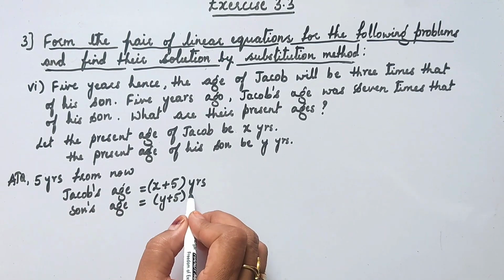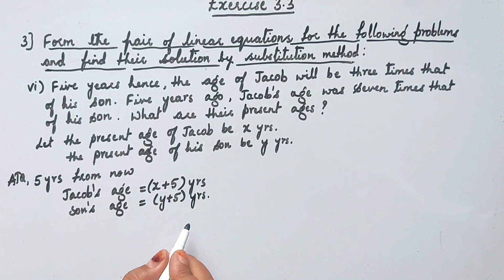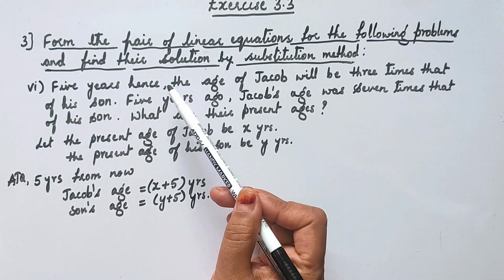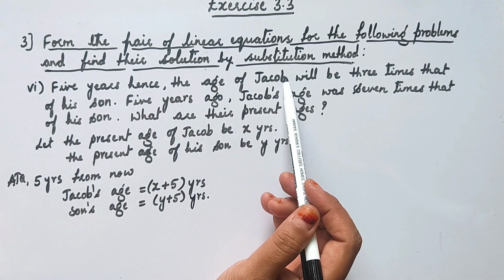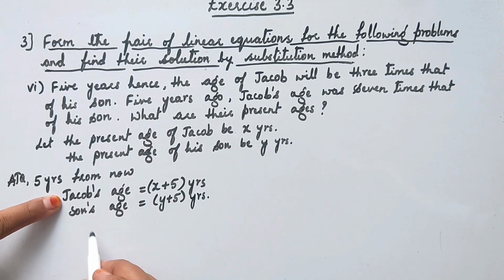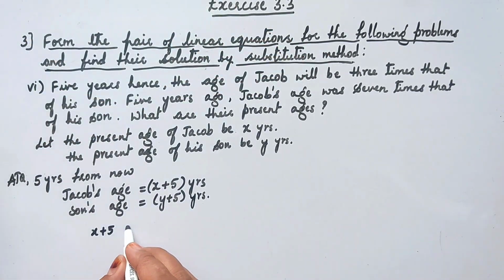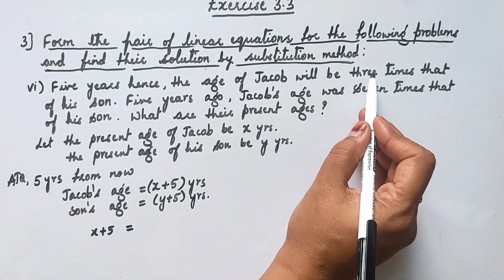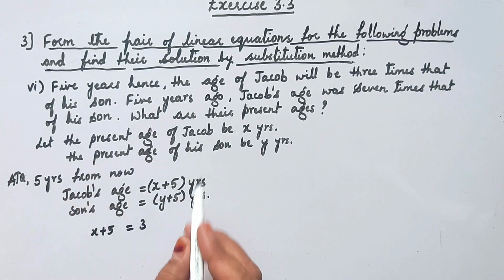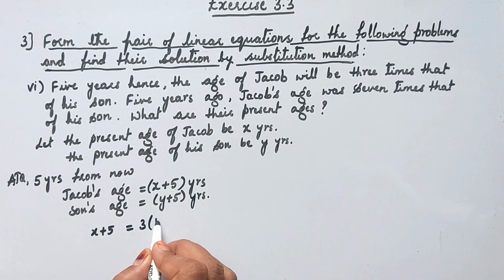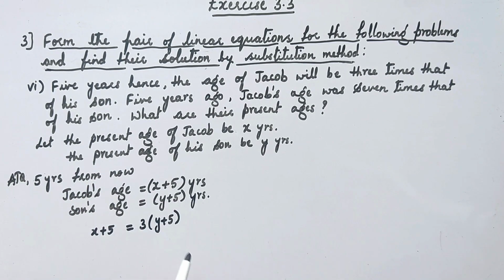Okay, now according to the question, 5 years hence, the age of Jacob. So Jacob's age is x plus 5. Age of Jacob will be 3 times, 3 into the son's age, which is y plus 5. Okay, I hope this is clear.